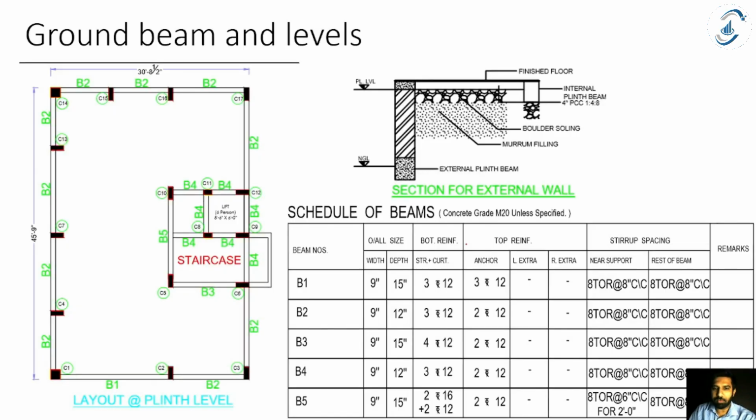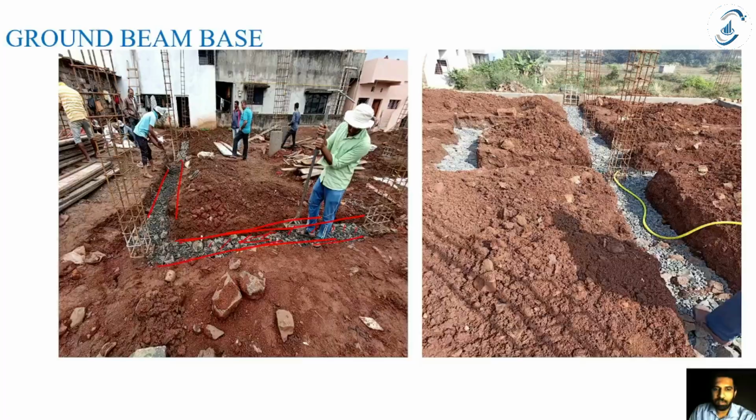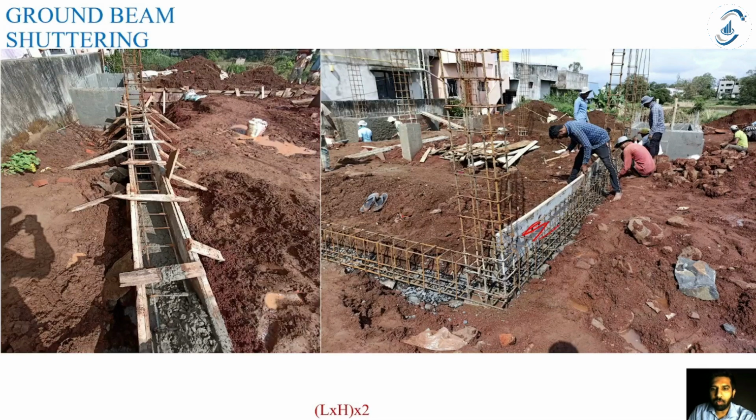Let's say beam B1. Let's assume this is B1 here, which they are casting. This is called my top reinforcement or top rebar. This is my bottom rebar, and these are my stirrups here.